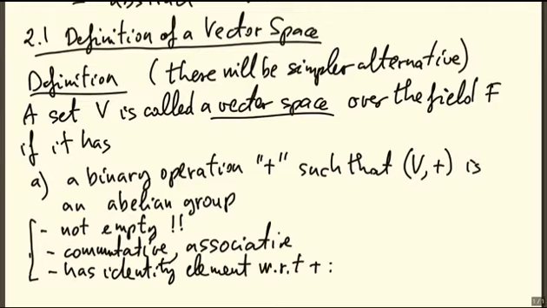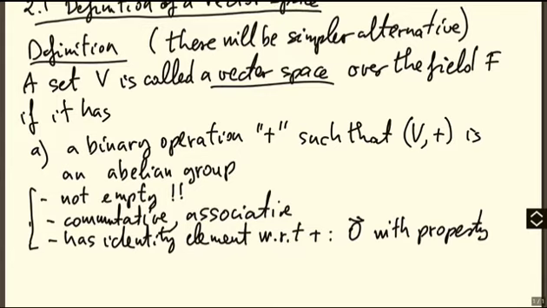So this is denoted by 0 in general, and the property of the identity is that for all vectors in this vector space, if you add to the vector this 0 vector, that's not going to change the vector. So you get back the vector itself.